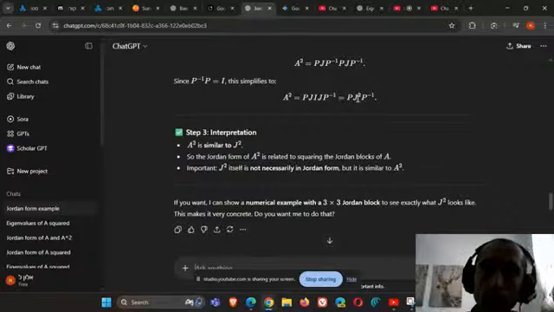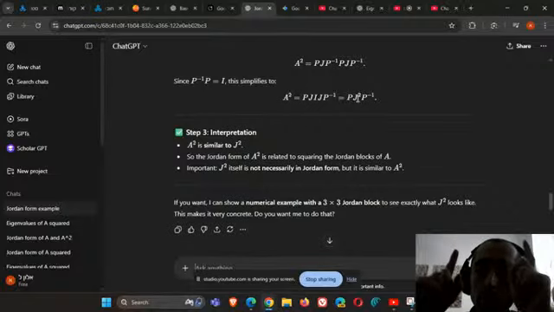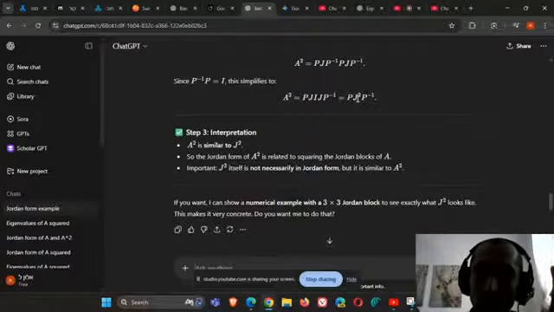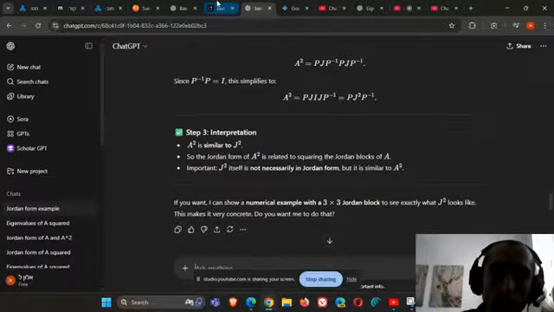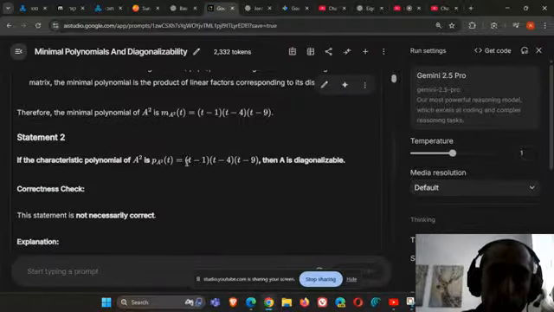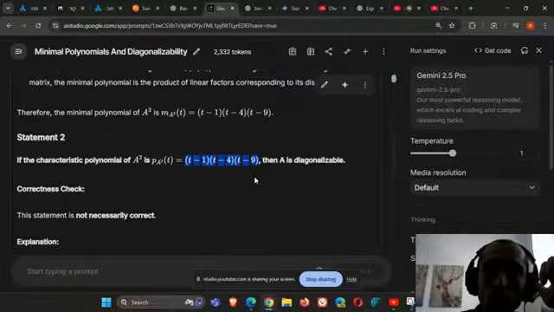So all the eigenvalues of A squared came from squaring the eigenvalues of A.